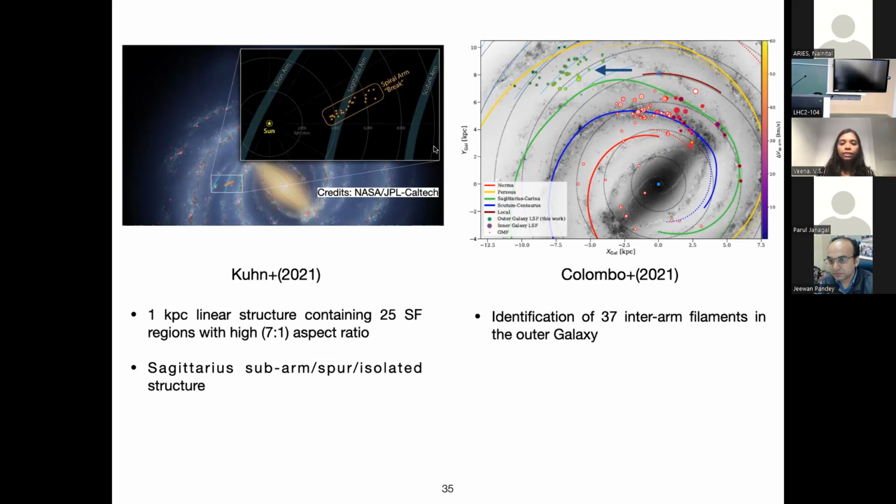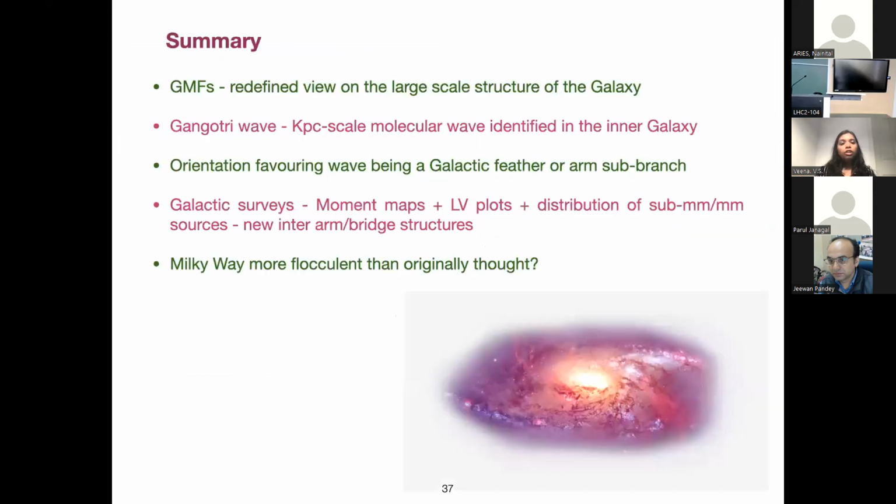All these recent studies show that the Milky Way could be more irregular than a tightly woven grand design spiral. To summarize, these giant molecular filaments redefine our large scale spiral arm structures. We have identified a kiloparsec scale molecular wave in the inner galaxy, which we named the Gangotri wave.